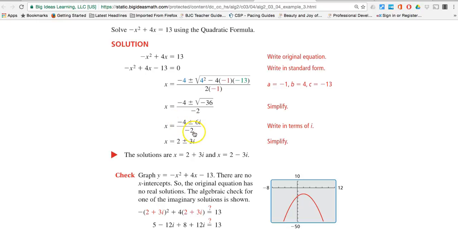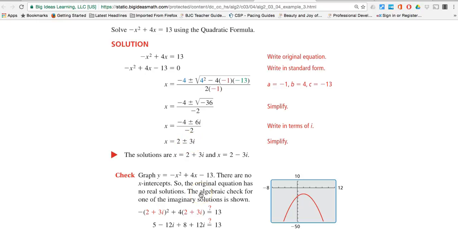You take the 2 out and you get -4 divided by -2 gives you 2, and -6 divided by -2 gives you positive 3. Because you're dividing by -2 on a plus or minus number, it still stays plus or minus 3i.